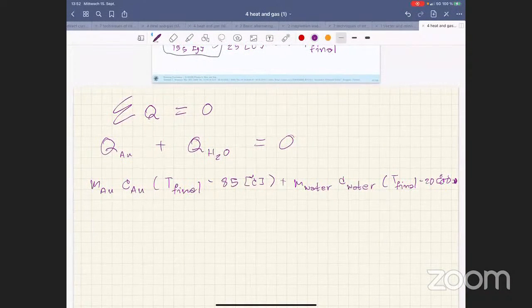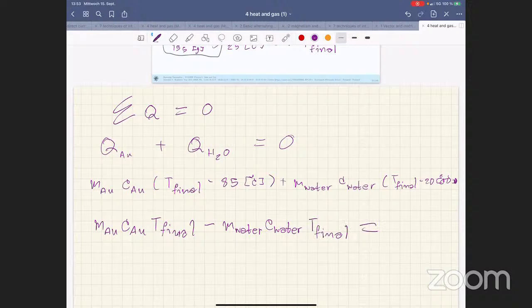You would see that you distribute this one to this one, right? And you move the terms, you will get the mass of the AU on the left side, right? And T final to the right. T final and minus the mass of water, C of water times T final. Okay, that's the expression on the left hand side.